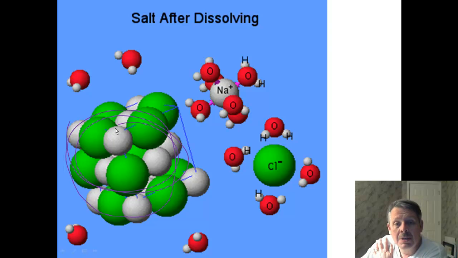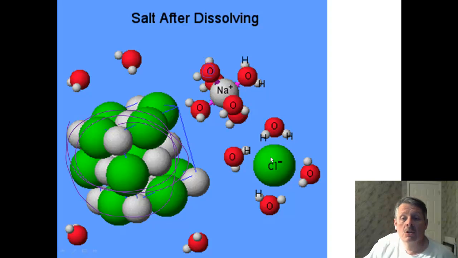But the problem is they get attacked by water. Once you put those crystals in water, water attacks them, and it strips off some of the sodiums and some of the chlorines, eventually doing all of them. It completely surrounds the sodium ion with oxygen atoms, which are negatively charged.